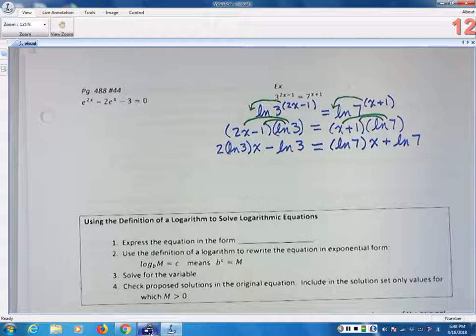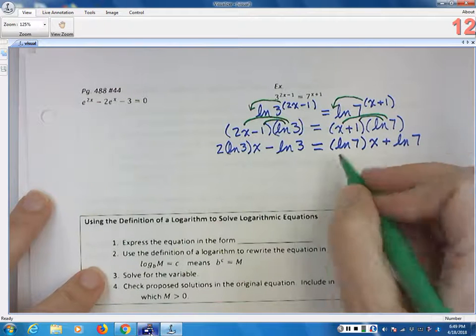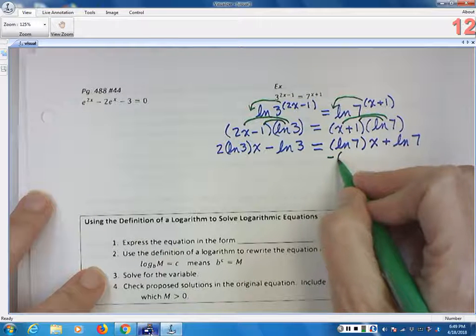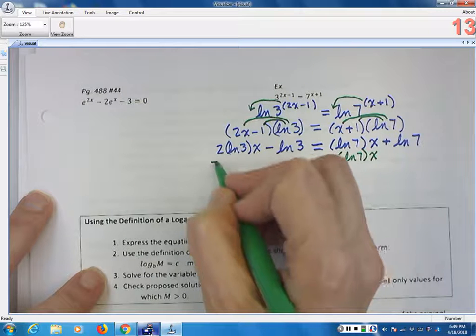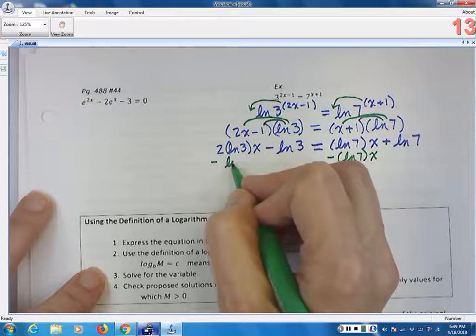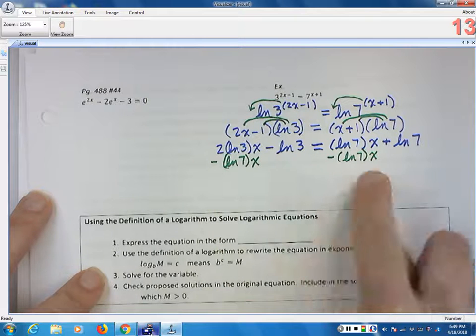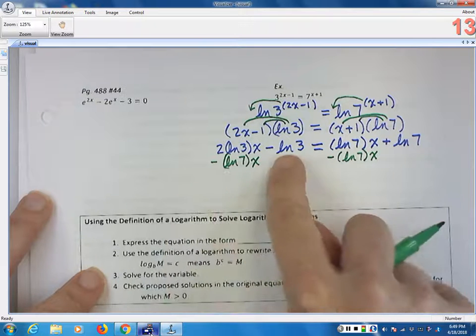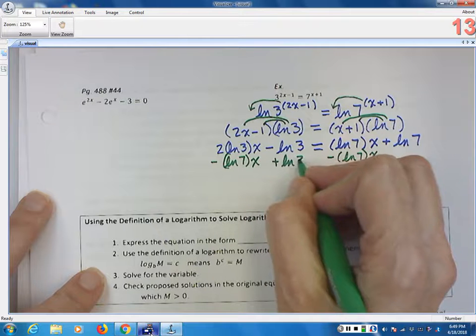So I'm going to move the x's to the left and subtract natural log of 7 times x from both sides. And by moving my x's this way, I want to move my constants this way, so I'm going to add natural log of 3.